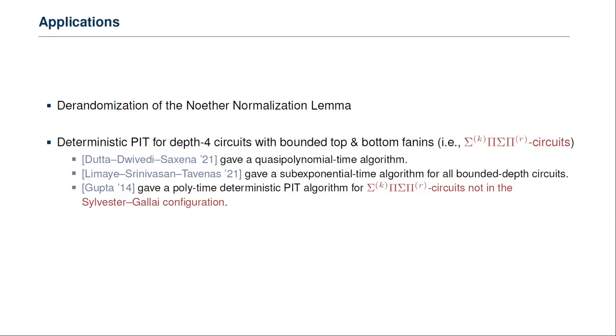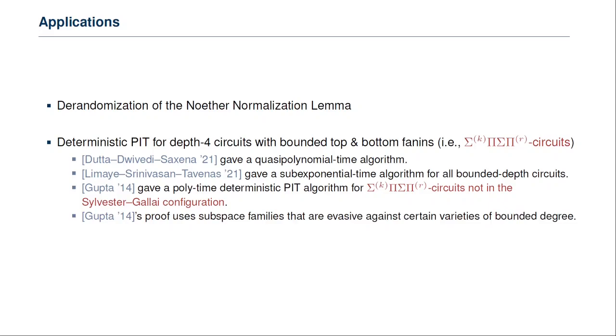One is those in the Sylvester-Gallai configuration, and the other consists of those that are not in the Sylvester-Gallai configuration. And those that are not in the Sylvester-Gallai configuration are the easier ones. And he gave a polynomial time deterministic PIT algorithm for this class.